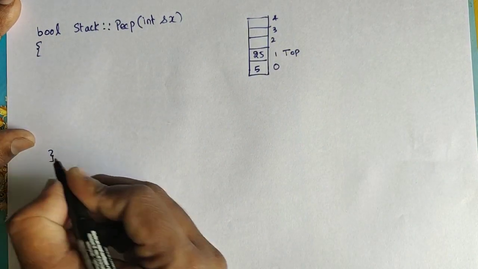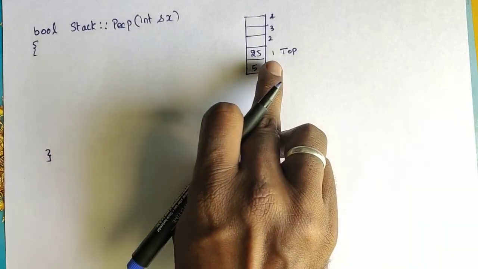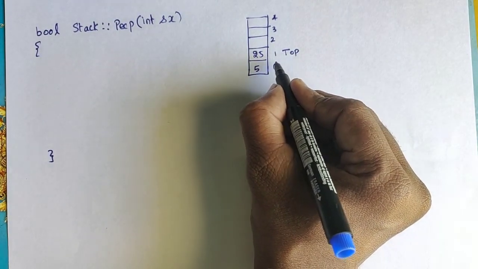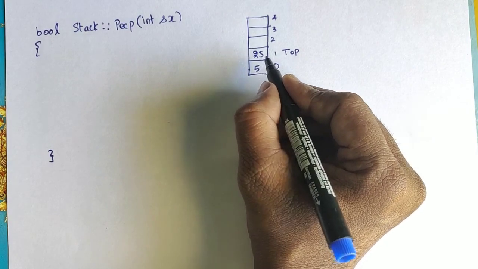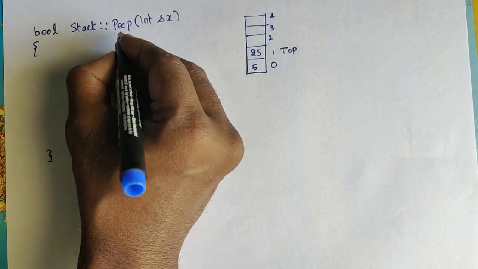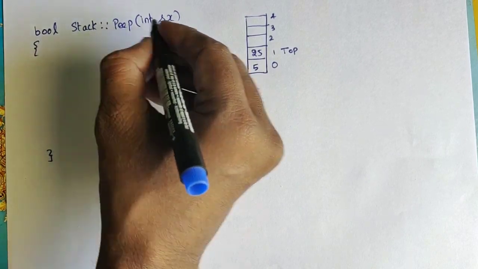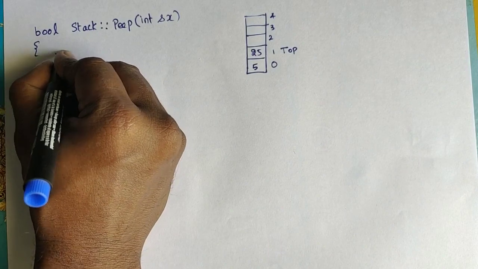The peep operation is similar to the pop operation. It is going to return the recently inserted element without deleting it. So again here we have to check first whether the peep operation is possible or not. If the stack is empty, the peep is not possible. So you have to check the emptiness.